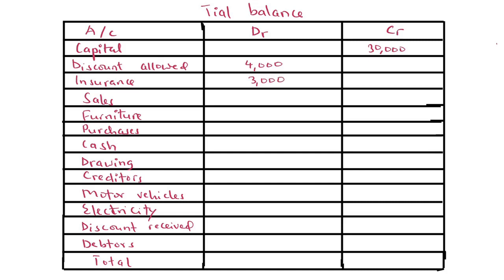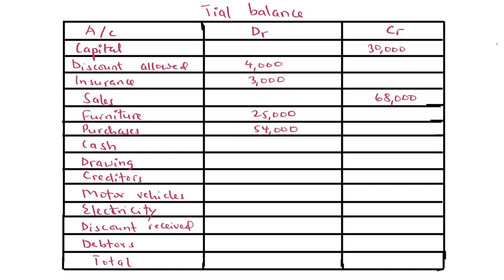The next one is the sales account with a credit balance of 68,000. The next one is the furniture account with a debit balance of 25,000. The next one is the purchases account with a debit balance of 54,000.